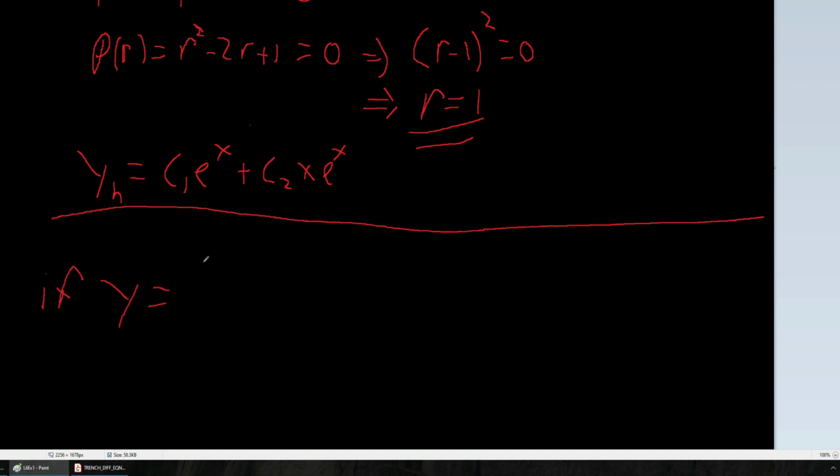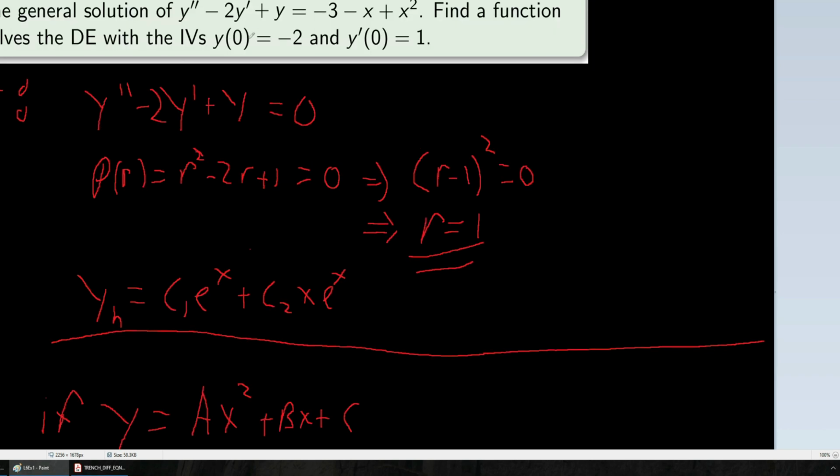If I let y be some arbitrary polynomial, the key thing is I don't know this polynomial, but I know its second order. So if I let y have this form, then when I take its first derivative and its second derivative and plug them in here, this whole expression will simply be a polynomial, right?